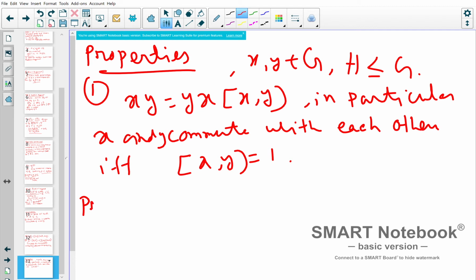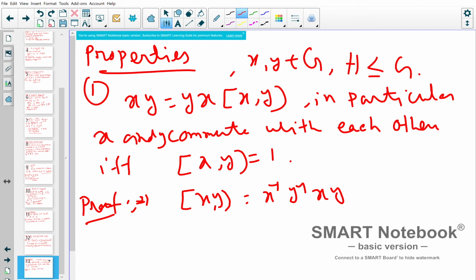Now the proof is simple. I mean, there is nothing to prove, but let me just give you the simple proof. You write down the commutator [x, y], which is x inverse, y inverse, x, y, and hence if you multiply by yx, you will have xy equal to yx times the commutator [x, y]. Now when x commutes with y, then xy becomes yx, so the commutator becomes the identity.